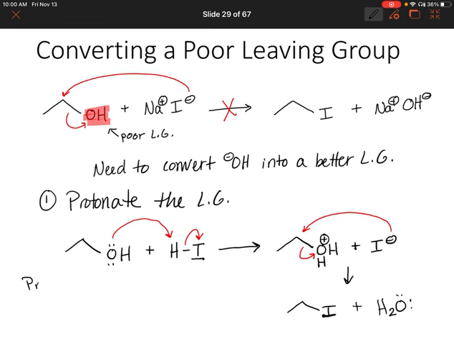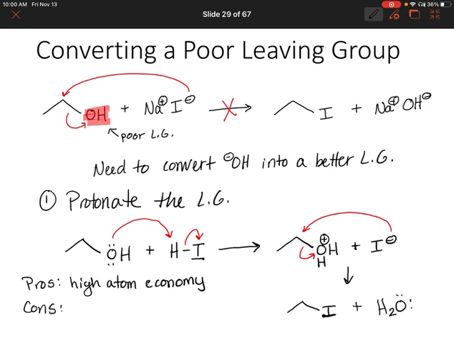So some pros for this type of reaction: we have a high atom economy. So most of the atoms end up in the products. However, the cons, there could be some side reactions.